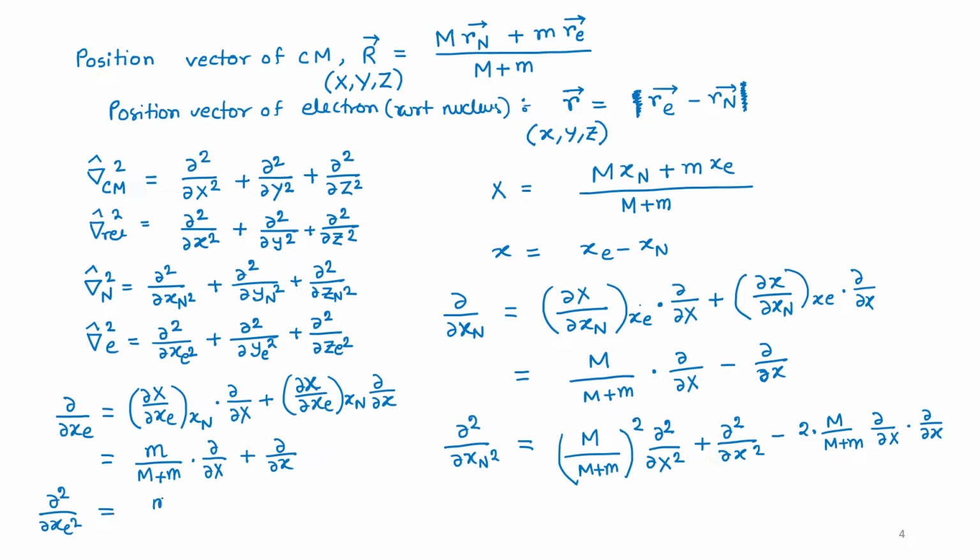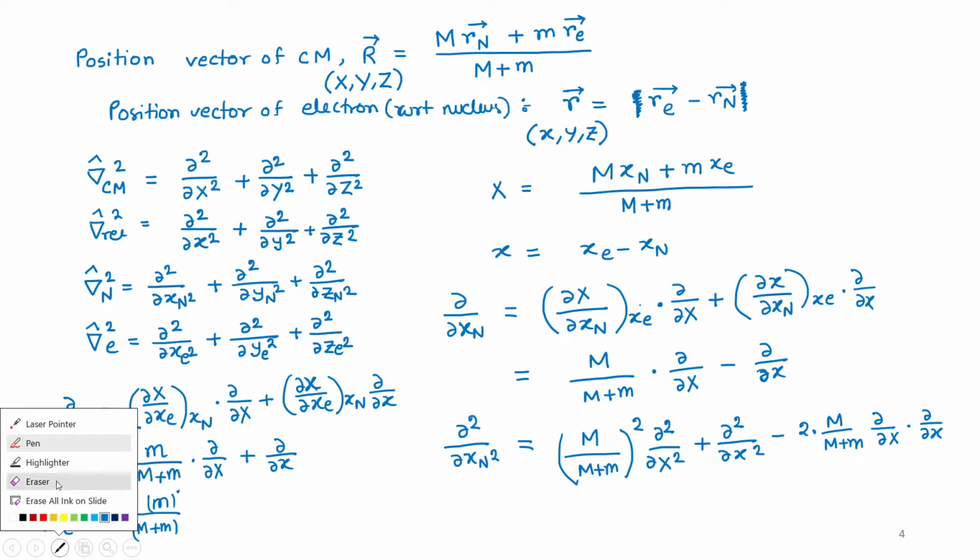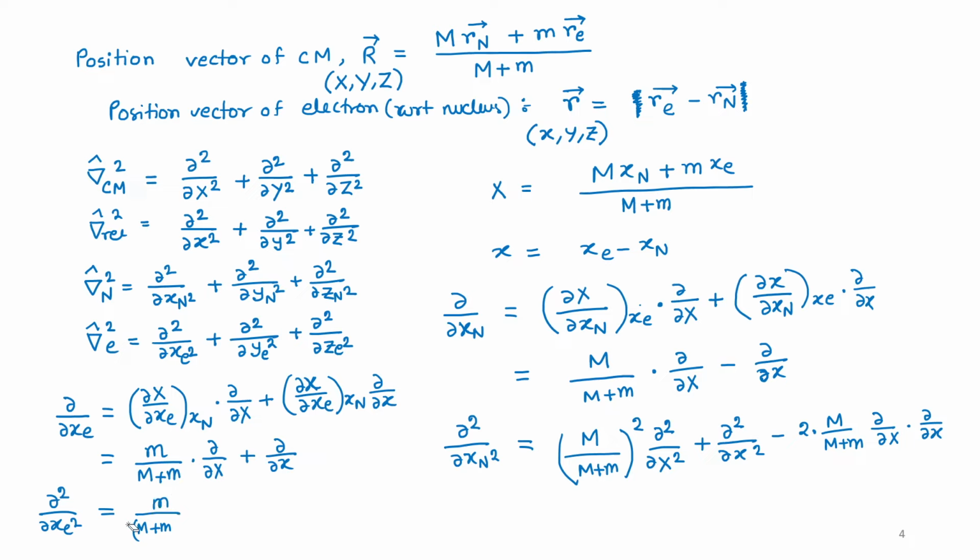So that we will get the whole square, del square by del capital X square, plus 2 del square by del capital X del small x, plus del square by del small x square. Small x, this is capital X.